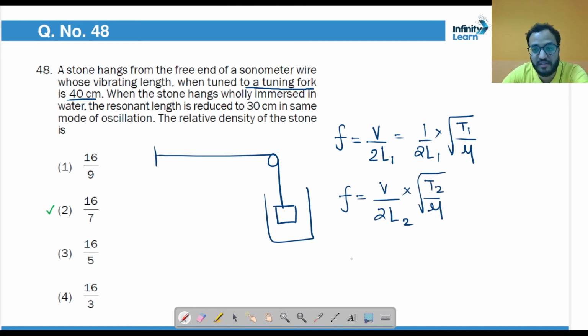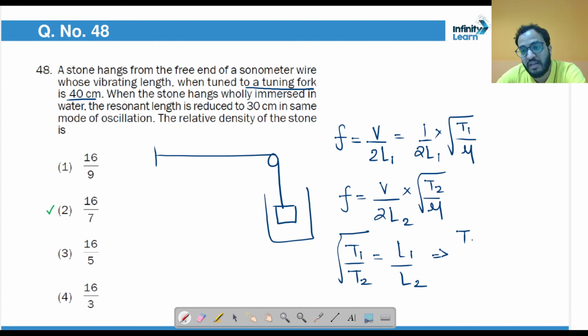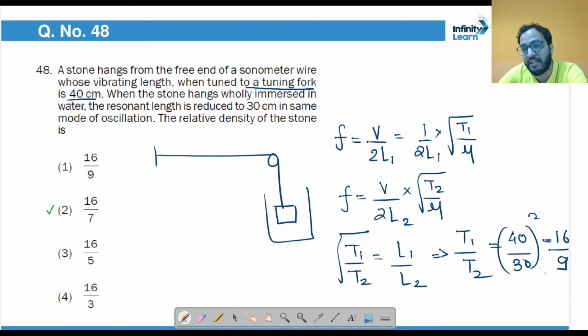So the answer is like this. See, root over T1 by T2 is equal to L1 by L2. So T1 upon T2 is equal to L1 by L2 whole square, that is 16 upon 9.